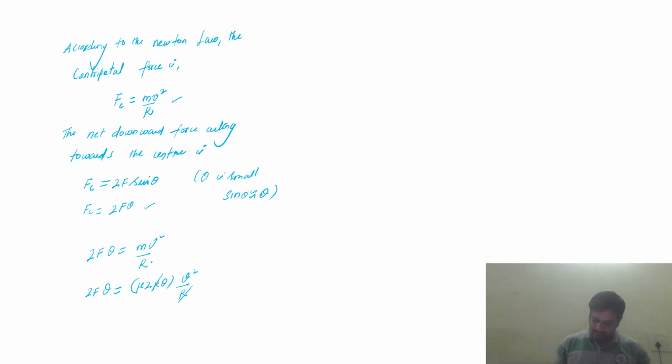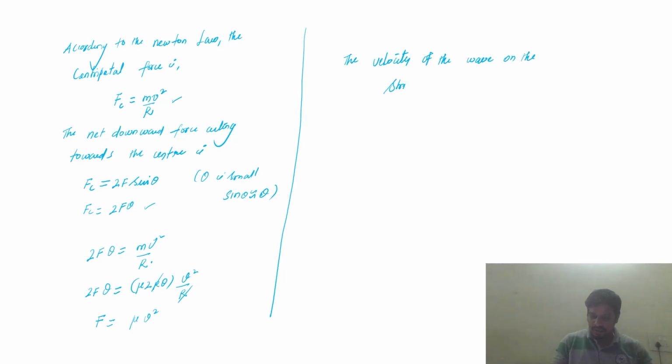We can cancel r, and 2 theta on both sides. Finally, F equals mu times v square. So the velocity of the mechanical wave on the string is v equals square root of F by mu.